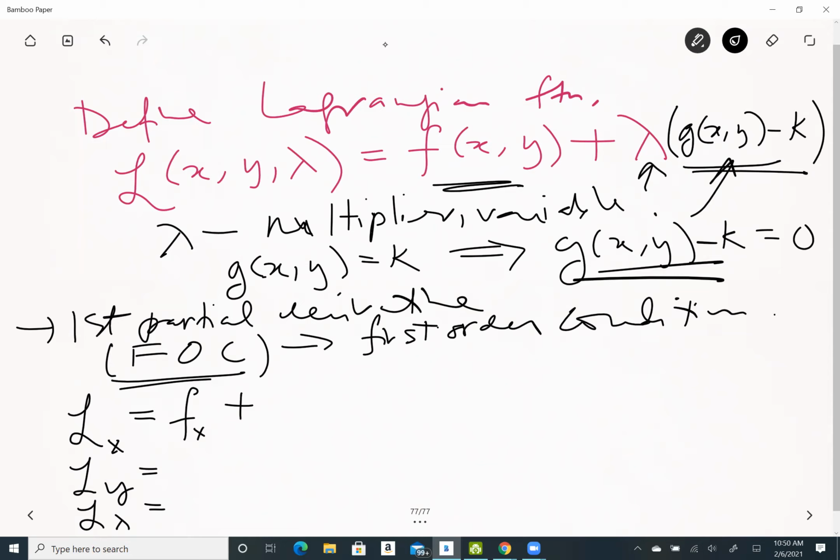That depends on x, but it's multiplied by lambda, so I get lambda gx. Now for y, I take the derivative of f with respect to y, I get fy, plus lambda multiplied by g differentiated with respect to y, so gy.